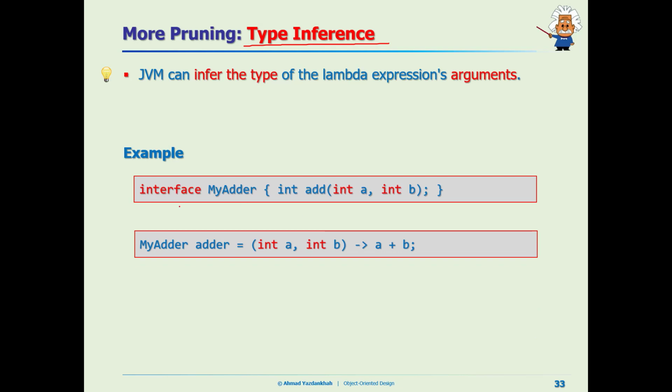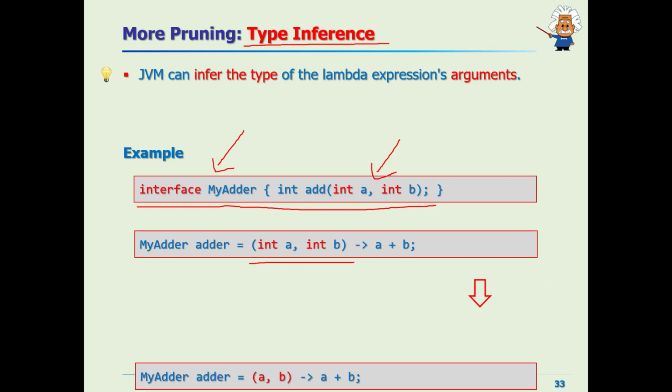When we have this interface here, and when we have this type, which is mandatory here, then we won't need to put the type here because the JVM can infer that from looking at the interface.